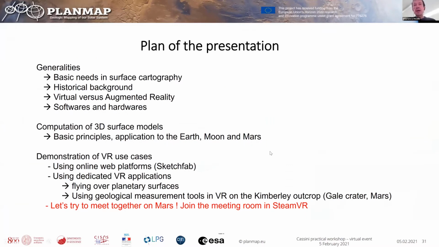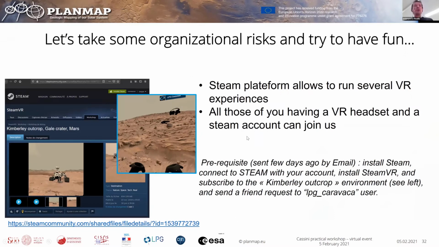So to just finish this part of my introduction, I will also mention another possibility to do some VR, and it's the use of the Steam platform. Steam is a platform that is used very widely by gamers, by the gaming aficionados, and we have been using Steam in order to recreate some planetology environment, and in particular, we used the Kimberley outcrop model in order to produce a scene where people are able to meet.